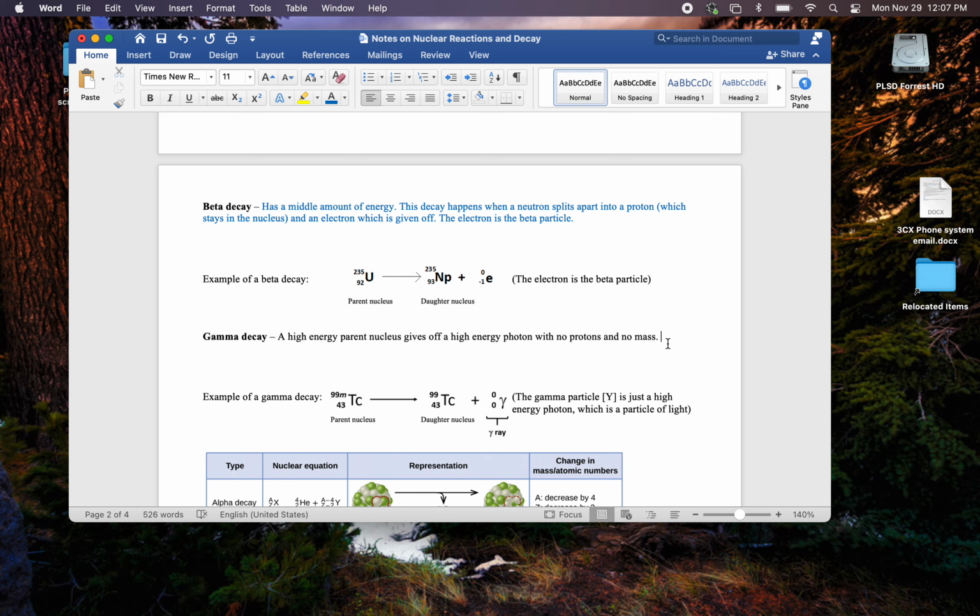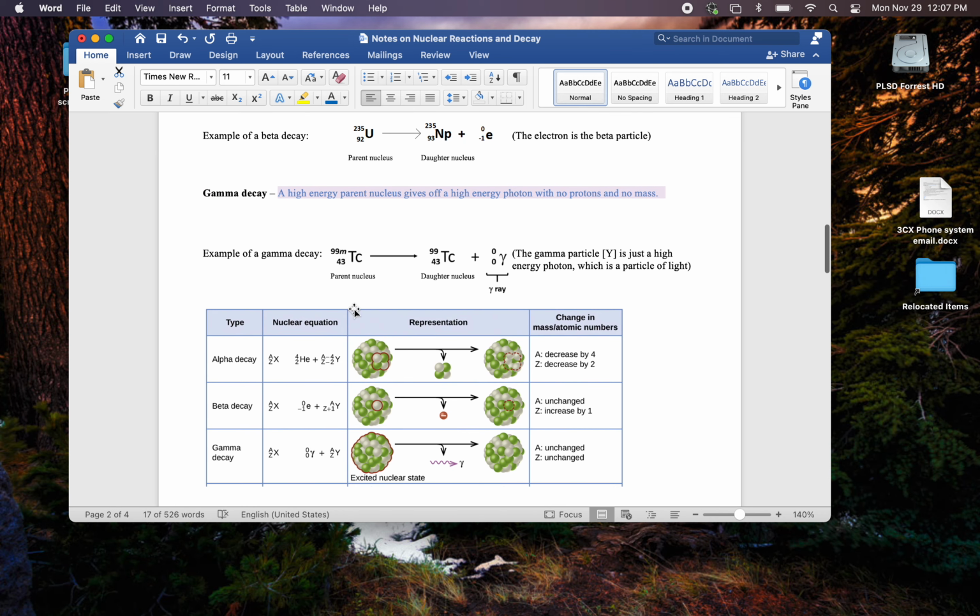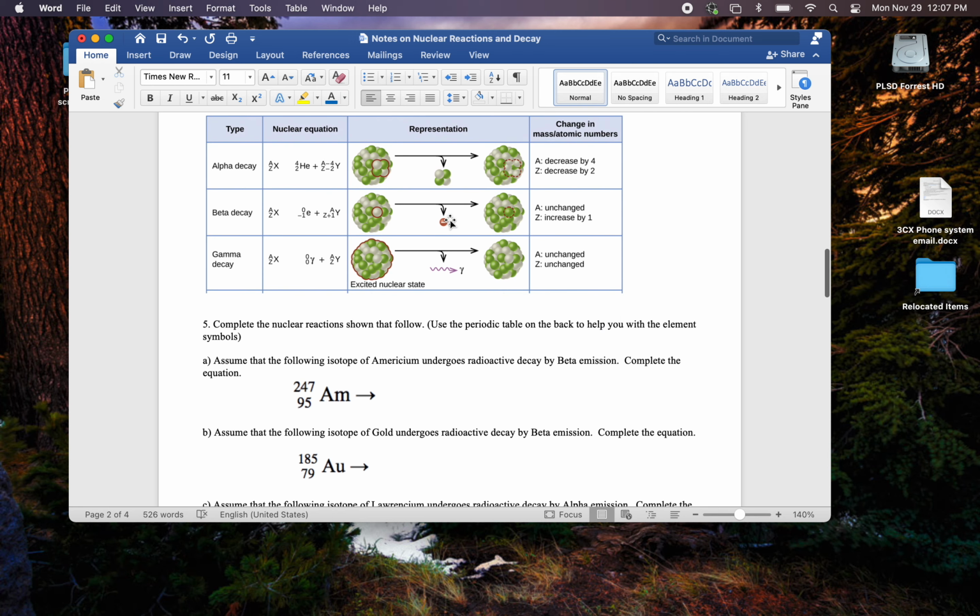Essentially you're only giving off energy, and the element at the end is the same as the element at the beginning. This little γ symbol is the gamma particle. You might have heard of gamma rays before. That's exactly what's going on.